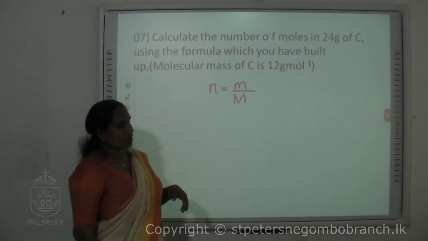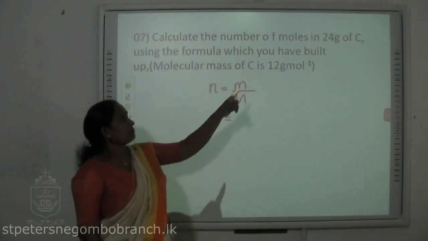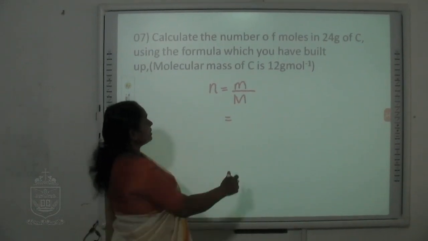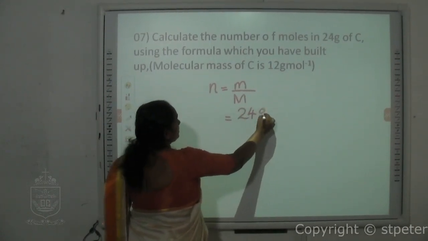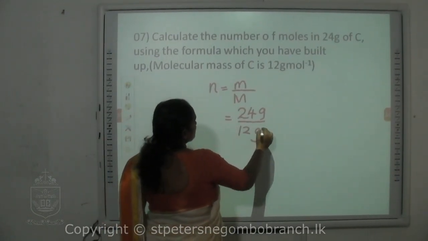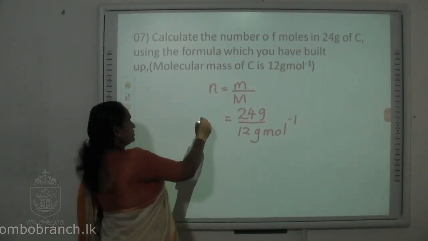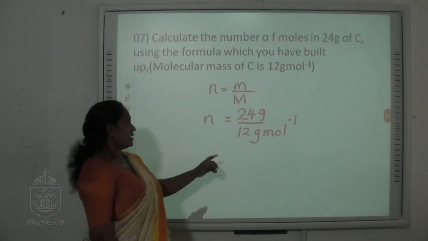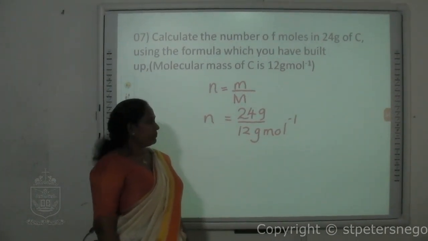To find the number of moles, we need simple m and capital M. Simple m means the mass of the atom, that is 24 grams, and the molecular mass given here is 12 grams per mole.